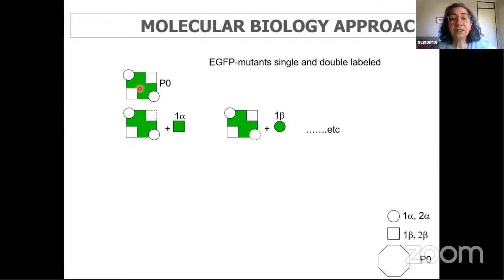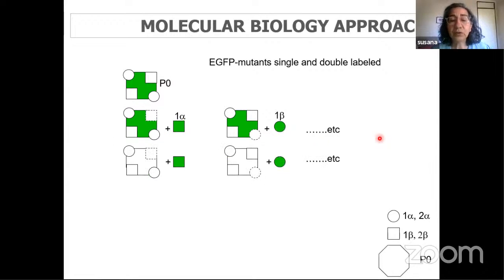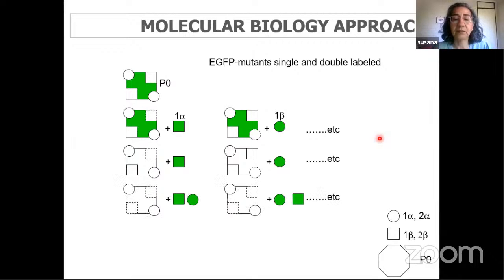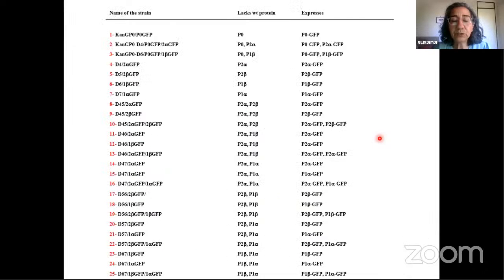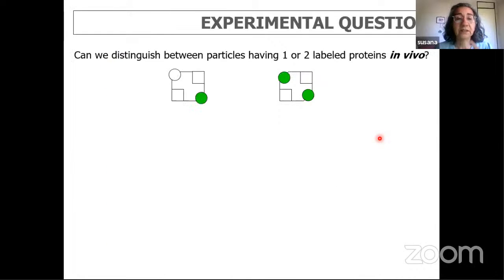In other ones, they labeled the P0 and one of the acidic proteins, and they knocked out the native one. So all the possible combinations with the 4. And then some other ones, they didn't label the P0 and just the acidic protein was labeled, etc., etc. All the possible combinations. So they arrived at 25 yeast to work with, and the control, so 26.